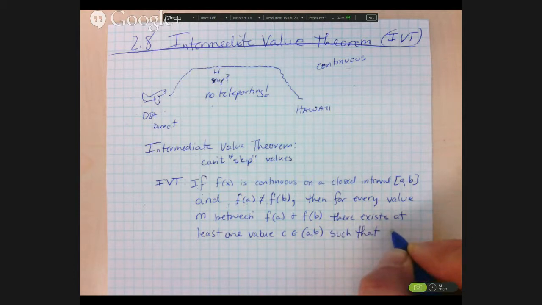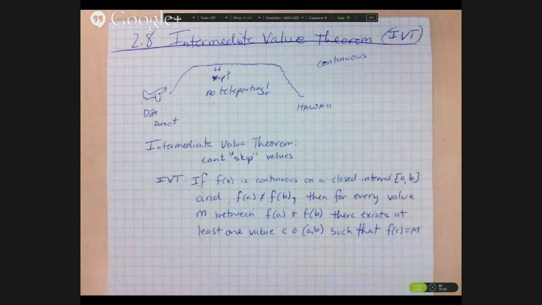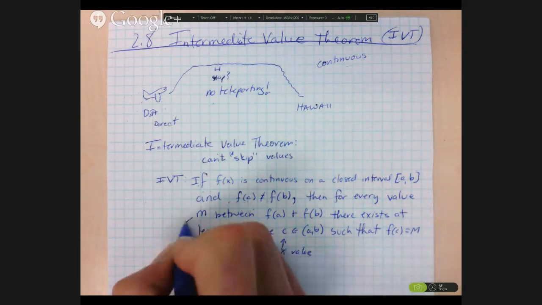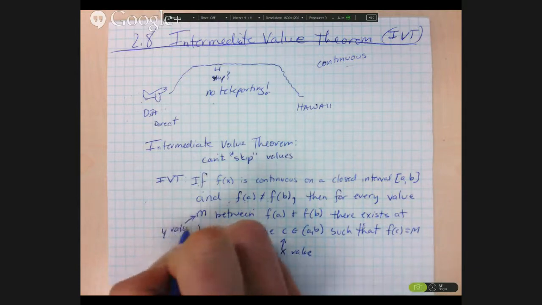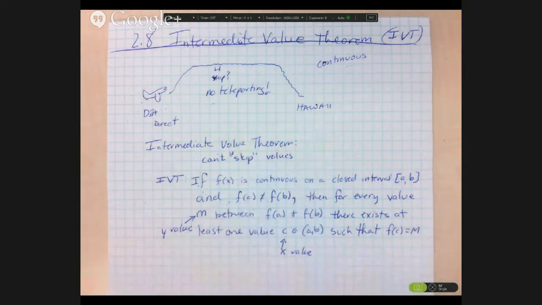So we've made this really complicated out of really easy, right? Okay, so this is an x value, and this is a y value. That theorem says the same thing that I just told you about the airplane ride, that you can't skip values.